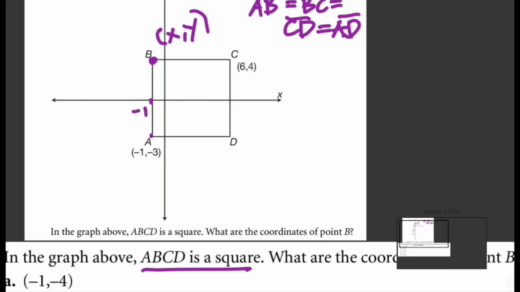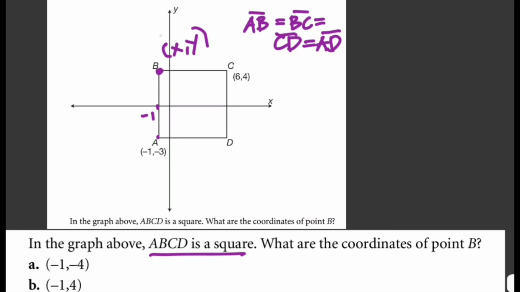So the value of x for point B is also negative 1, since point B is the same distance from the y-axis as point A. So the x coordinate of point B is the same as the x coordinate of point A. So x here for point B is equal to negative 1.